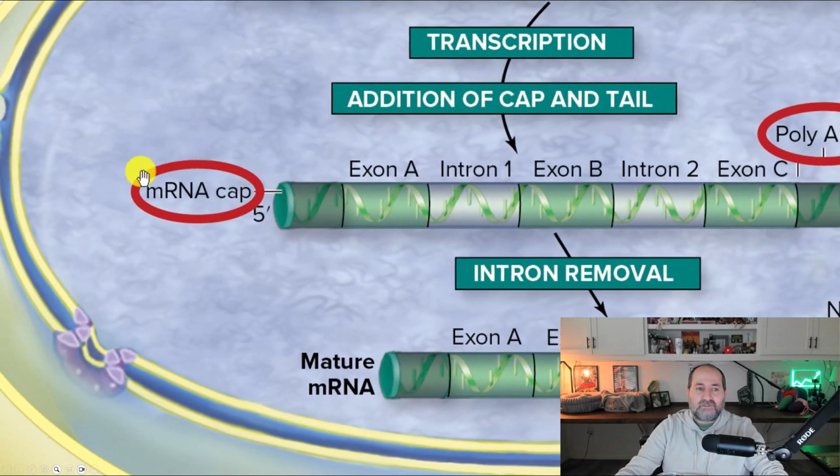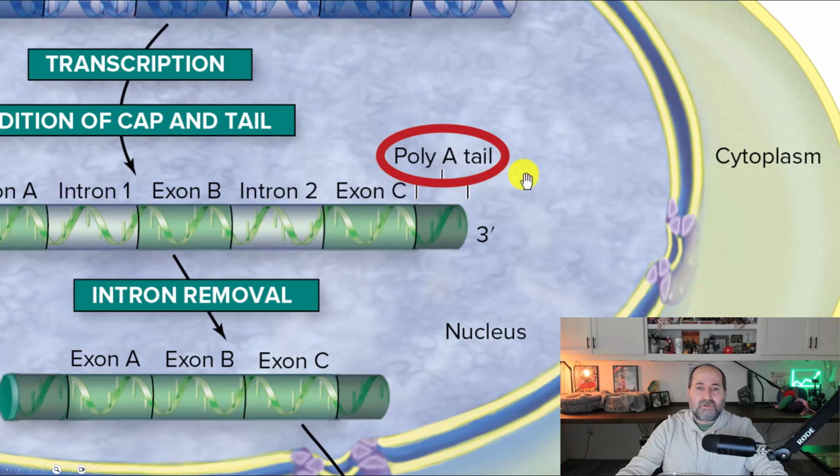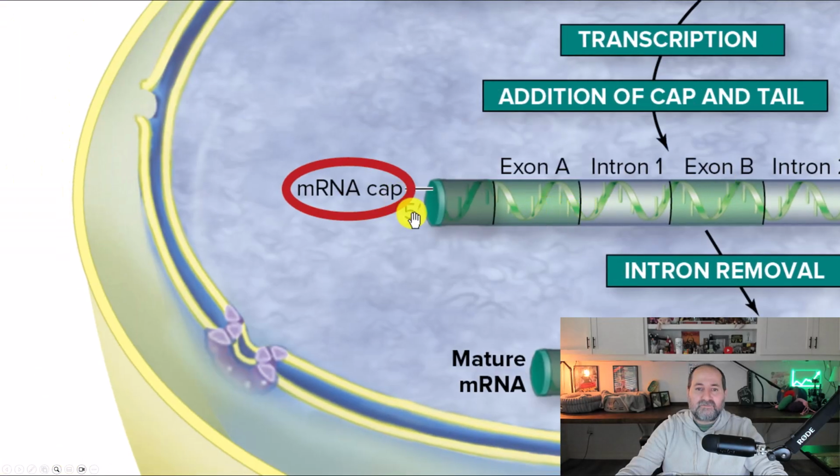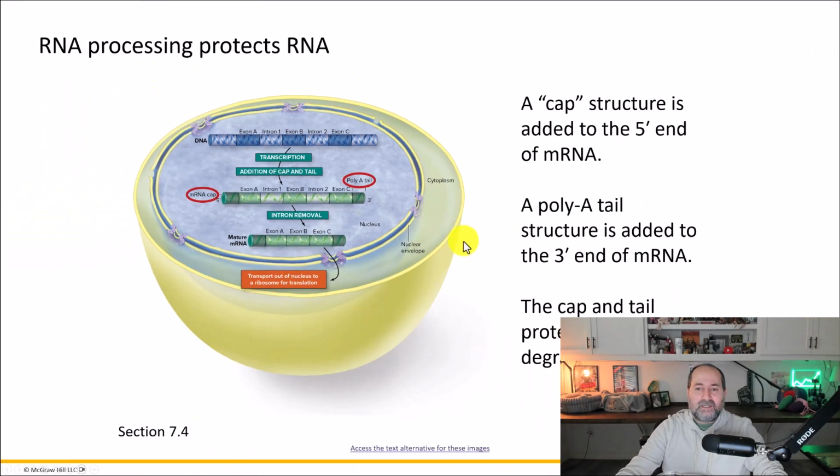There's addition of a 5' cap to protect the mRNA. There is addition of a 3' poly A tail. The 5' cap is placed at the 5' end of the mRNA, and on the 3' end a poly A tail is placed, and that protects the mRNA as well. And do you remember what was the third processing event on mRNA?